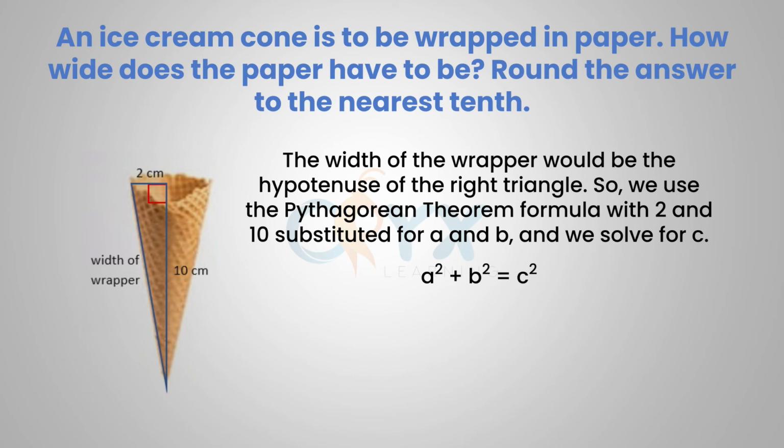Substituting the values that we know, we get 2 squared plus 10 squared equals c squared. Simplifying, 2 squared plus 10 squared is 104, so c squared equals 104. Take the square root of both sides of the equation, and we get c equals the square root of 104, or approximately 10.2 centimeters.